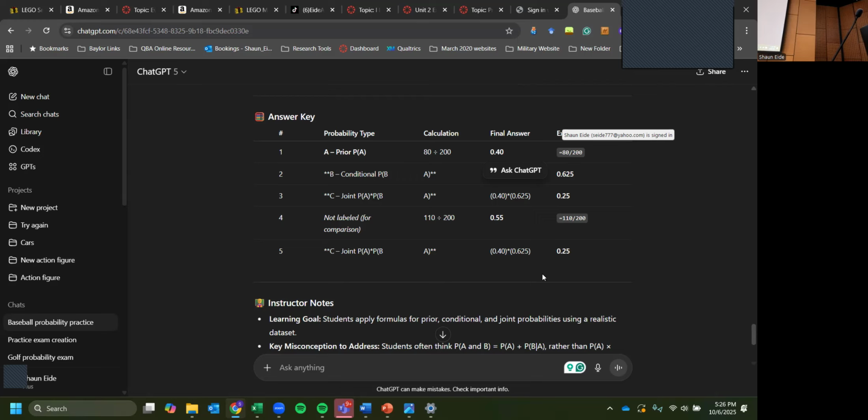So the joint conditional probability has this fun little word. What's the fun little word? And. Joint conditional has the word and. Conditional has the words given that. And then prior doesn't have to have either.